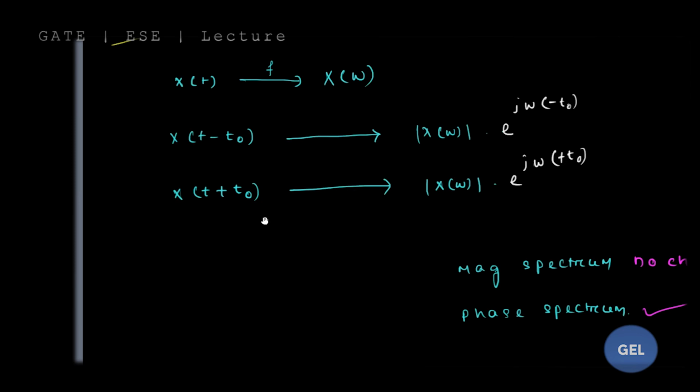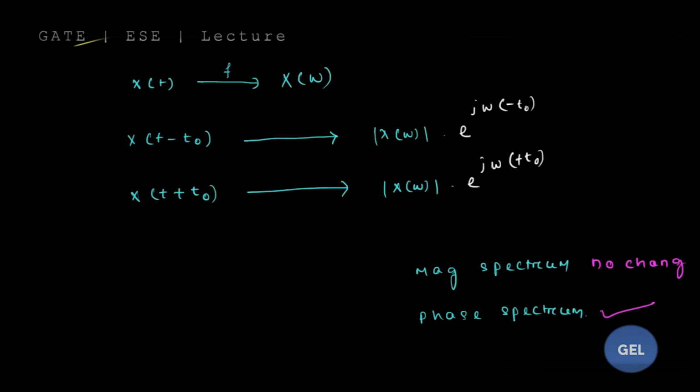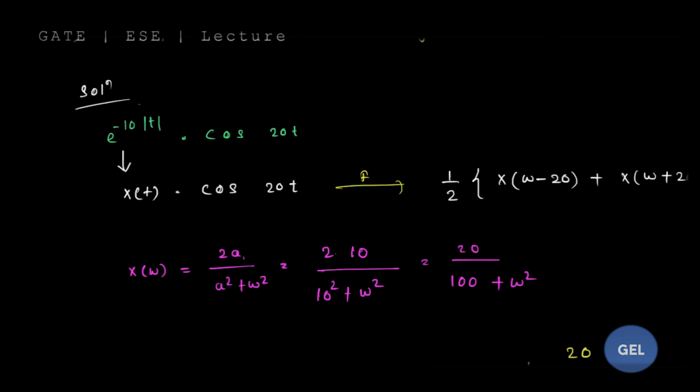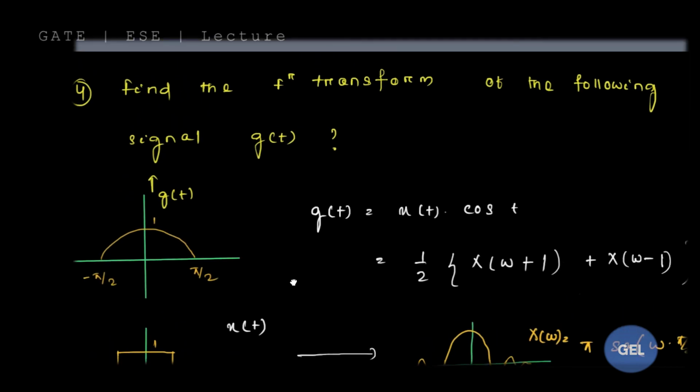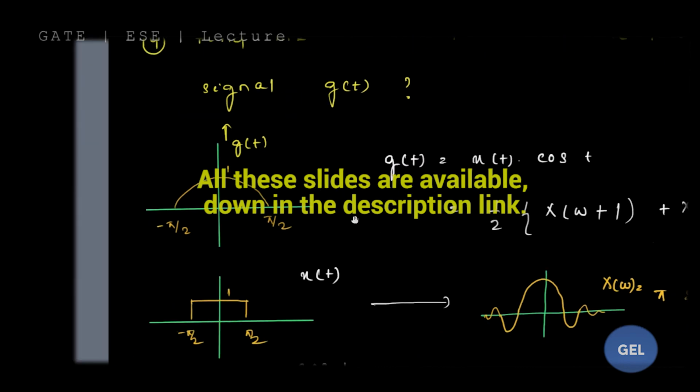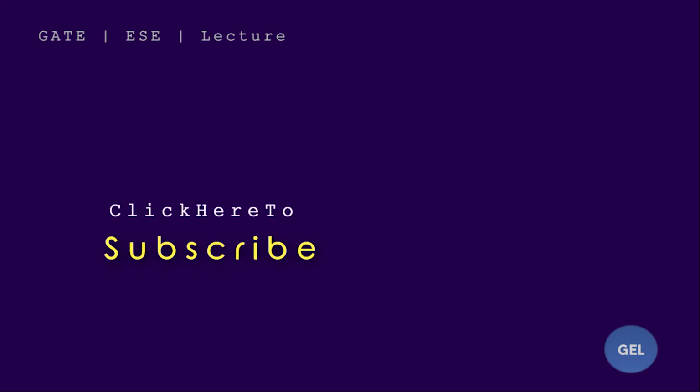Then we went through time shifting properties, frequency shifting properties, and a couple of important problems associated with frequency shifting and time shifting properties. And at the end we also discussed how questions can be asked from the frequency shifting property in this format. You can break it down in this way.